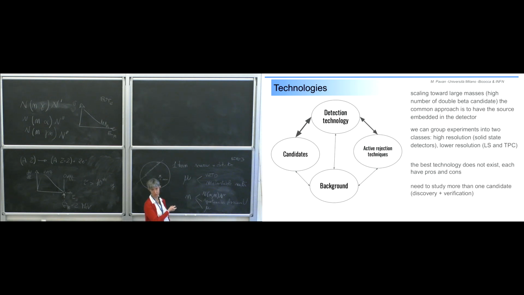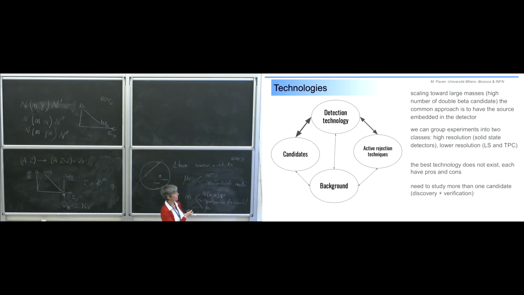If I choose xenon, I cannot choose the technology of semiconductors. Okay? I could choose a scintillator, and in that case, I will have a lot of technologies, because xenon is a scintillator, but I have also cadmium tungstate, that is a solid-state scintillator, and so on.